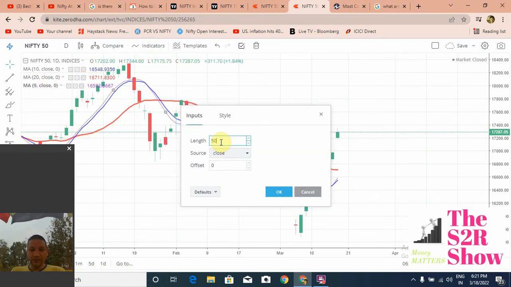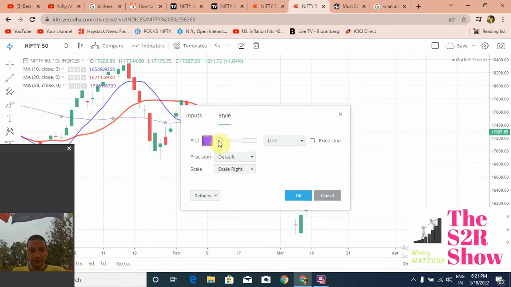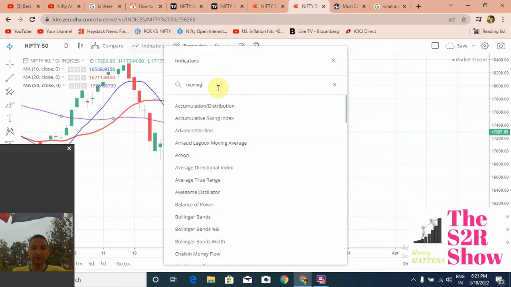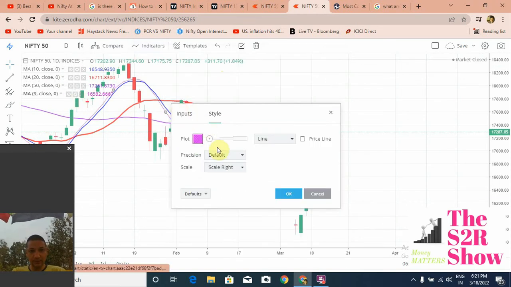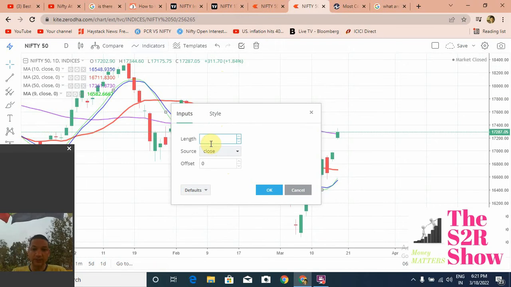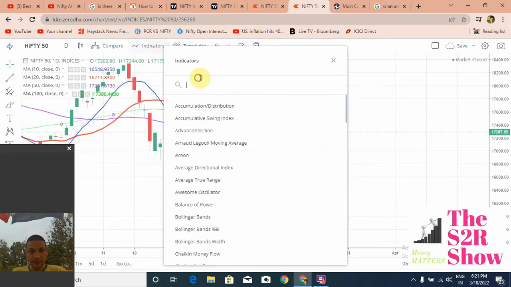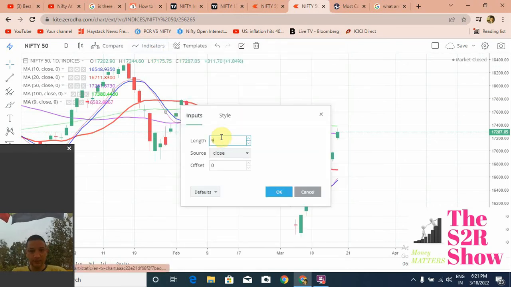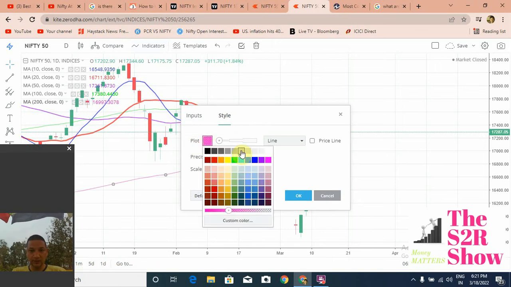For the 50 days moving average we'll change the style to purple color, that's okay. Then another moving average with another color for 100 days. Then we'll insert another moving average and change it to 200 days, and change the color.